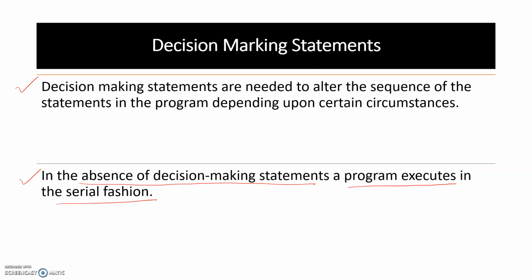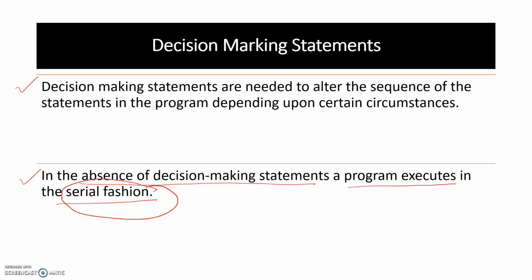The same thing I explained in my example of adding 2 numbers, because in that example I have not used any condition, I have not specified any decision making statement. So my program got executed in a serial fashion starting from line number 1 to line number 10 without any interruption.